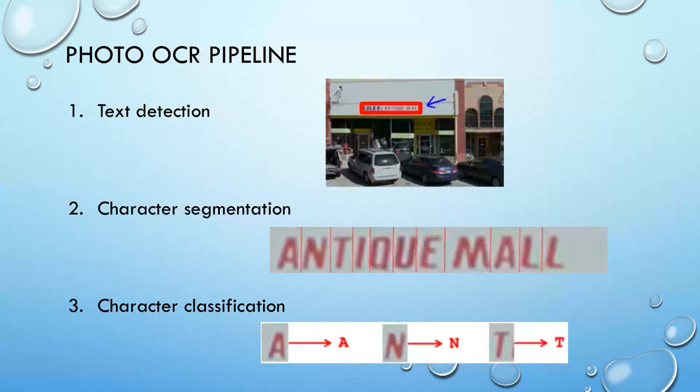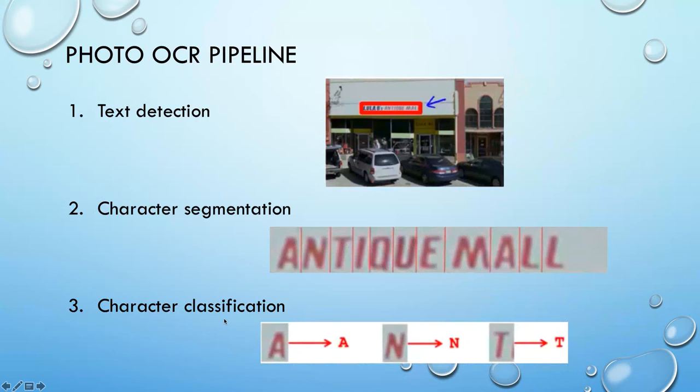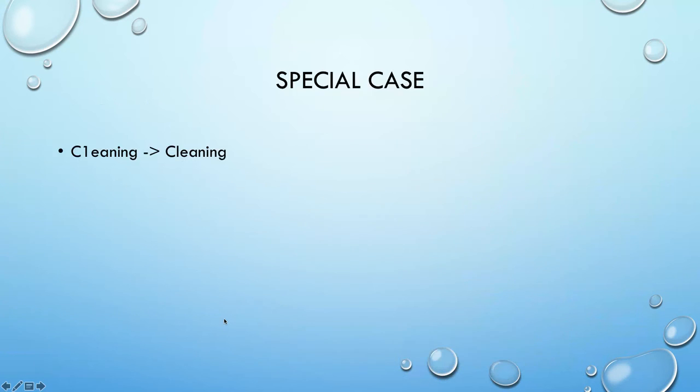Of course, there are some special cases. For example, once you have this third step, character classification, the result may be hard to recognize, such as whether this is a 1 or an L. After it translates the result, it may think, oh, maybe this is 1.